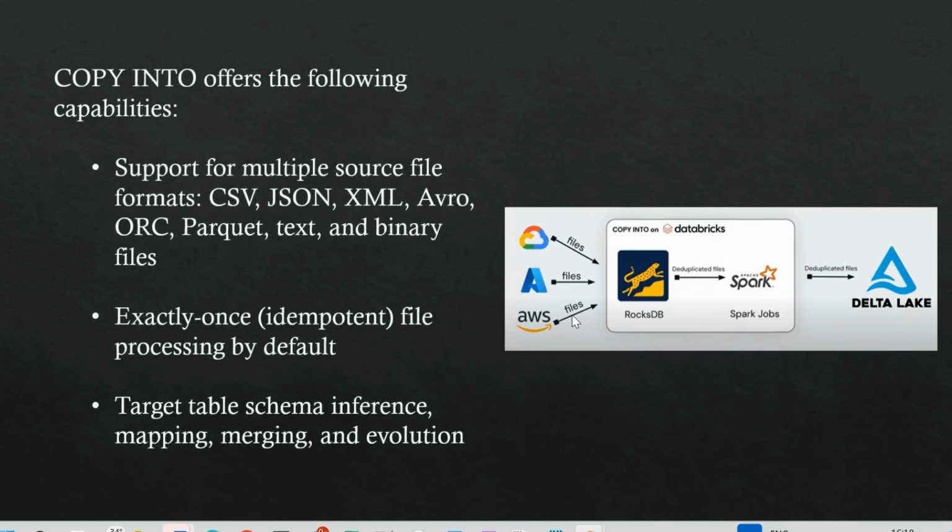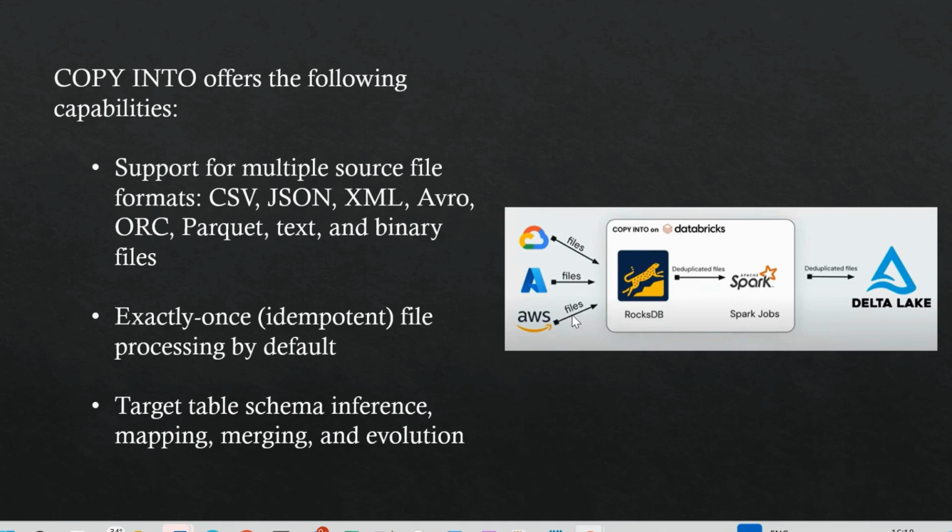So in COPY INTO, you can use various file formats like CSV, JSON, XML, Parquet, text files, and binary files. And again, it's exactly-once file processing by default. You can change this exactly-once file processing with the help of the force reload option. And the target table that you have, it will infer the schema.